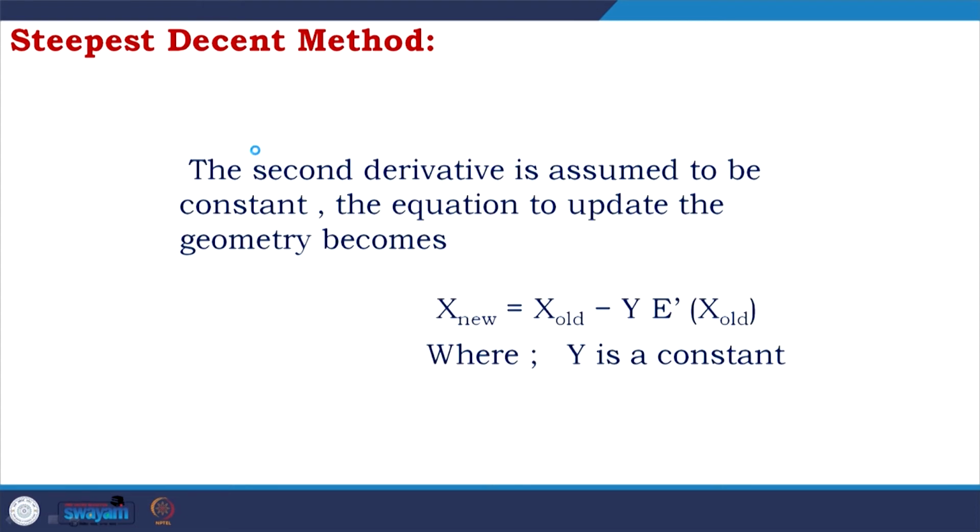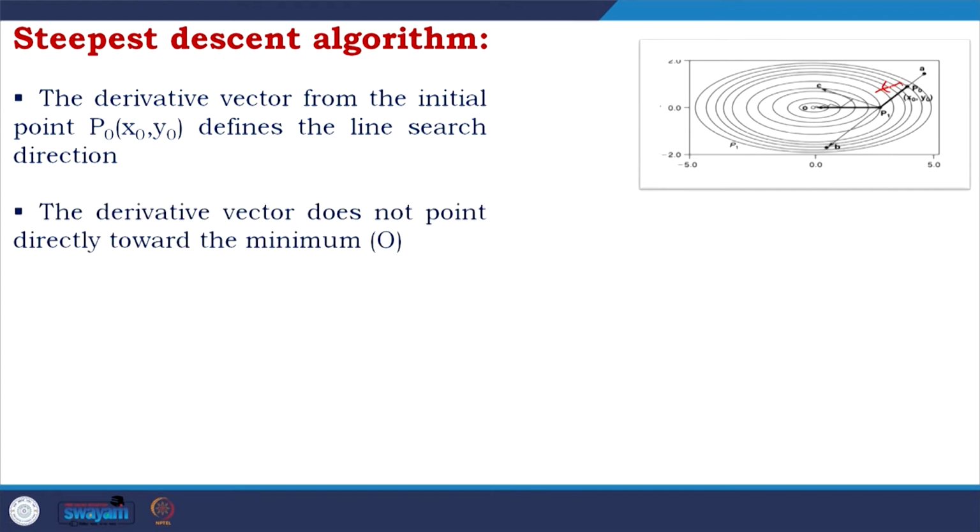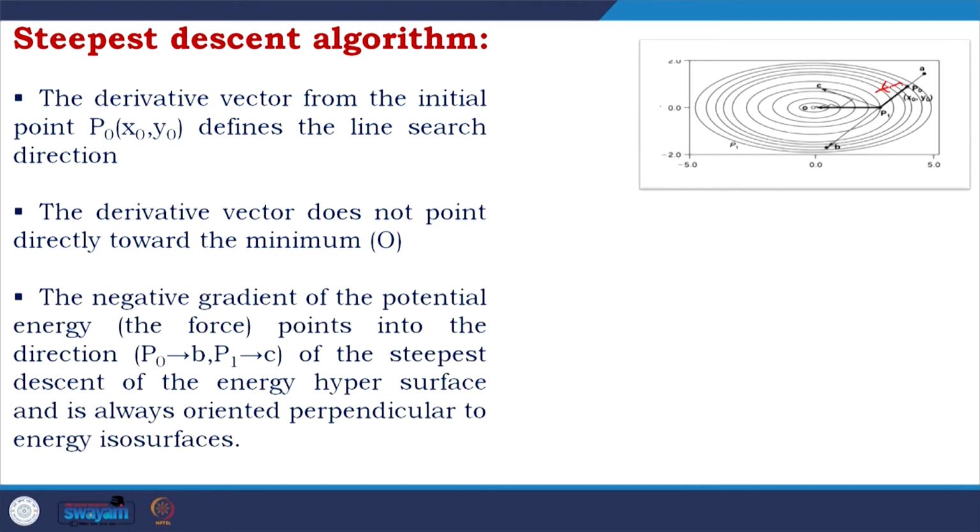In steepest descent, the second derivative is assumed to be constant. The equation to update the geometry becomes x new equals x old minus y E prime, where y is a constant. If you see the picture, it starts from the derivative vector of the initial point, which defines the line search direction. It could go directly to the minimum, but it does not. The derivative vector does not point directly toward the minimum point.